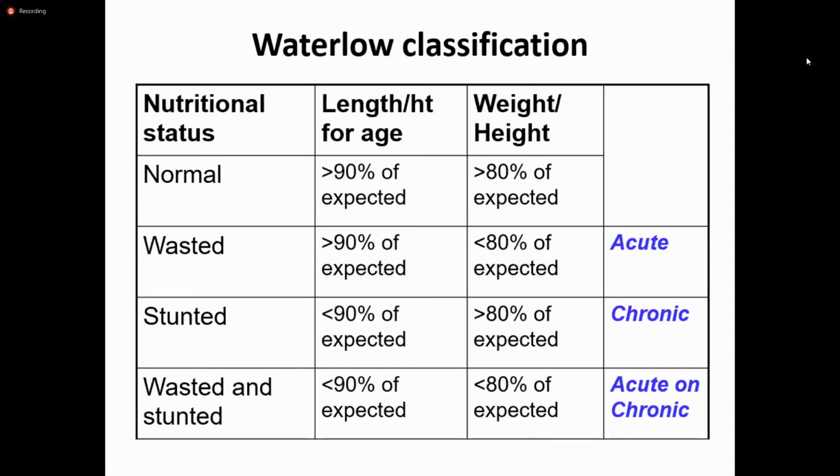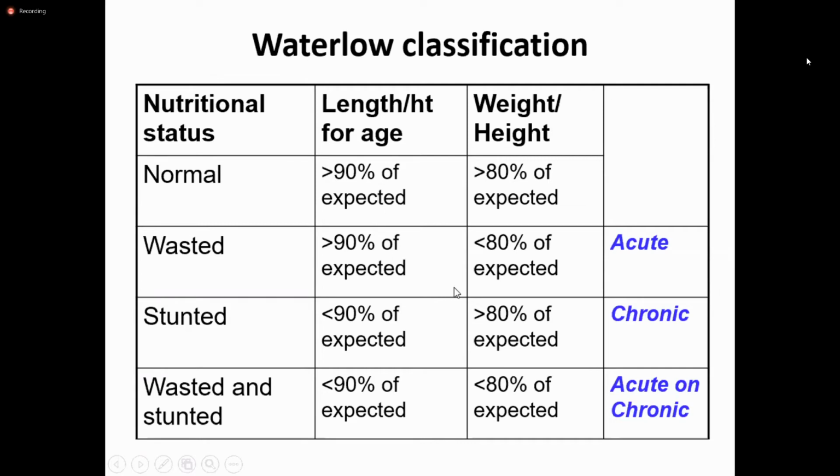Another classification is Waterlow classification. So this takes weight for height and length for age. So weight for height, more than 80% of expected is considered normal, and length, more than 90% of expected is considered normal.